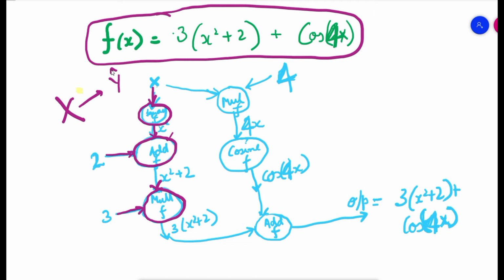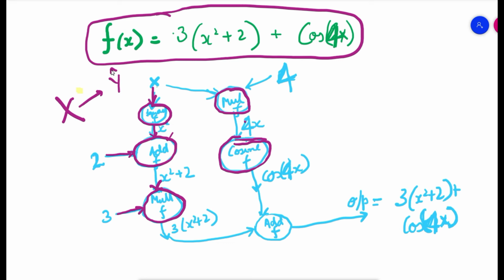Similarly, if you need to reach cos 4x, what do we need? First of all, we need the input value x to start with, and we need the number 4. We'll multiply 4 and x using the multiplication function over here, and we'll get 4x as the output. On 4x, we'll further apply the cosine function, because we need cos of 4x.